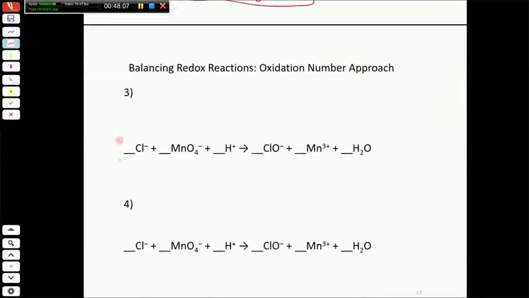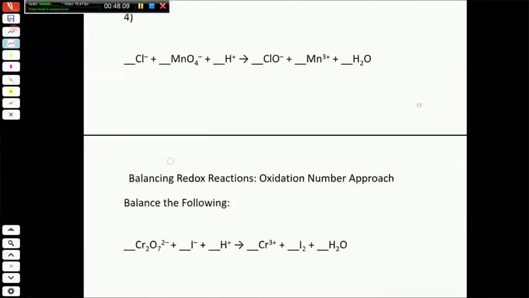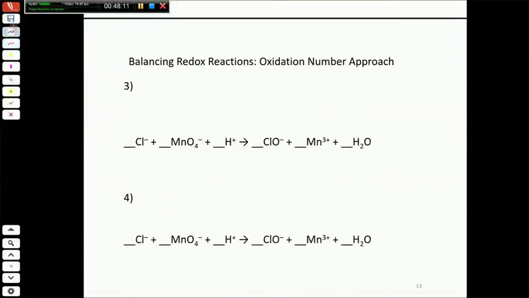Alright, then the next thing to do is we're going to make sure that the number of electrons is balanced. So we add coefficients to just those species to make sure that the number of electrons that are lost are equal to the number of electrons that are gained.